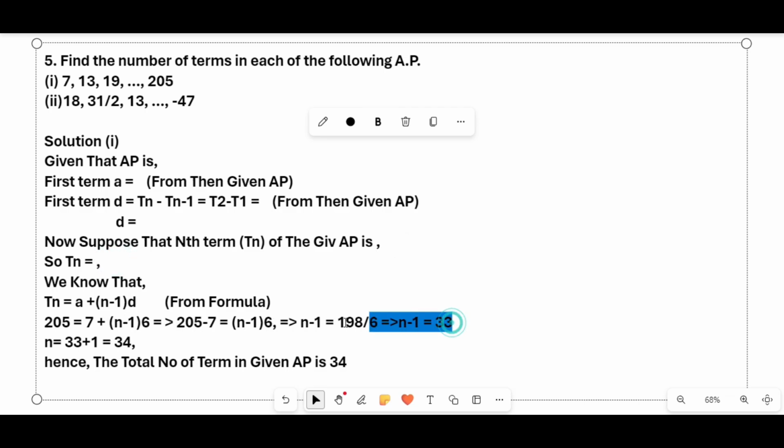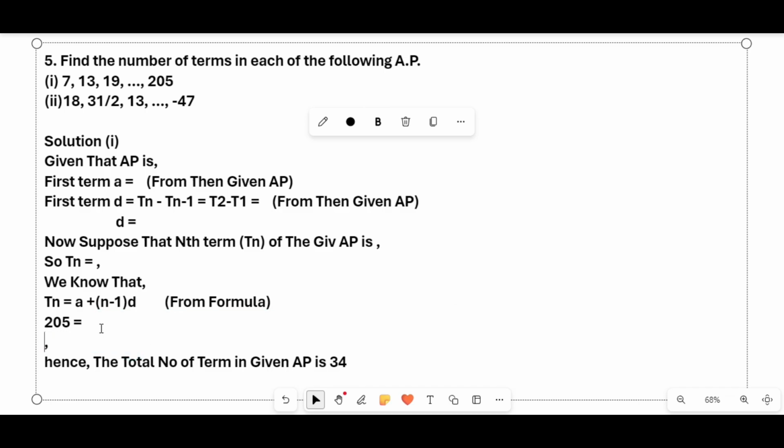Please see carefully. Nothing else. Okay, same pattern, nothing will change, everything is the same. We just copy this one, the given AP is so on.